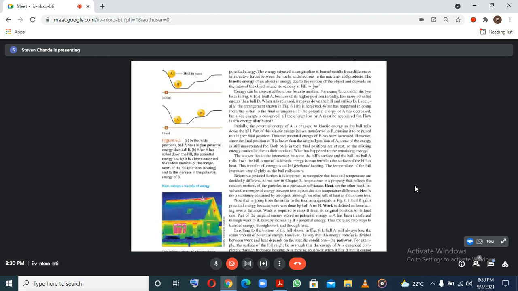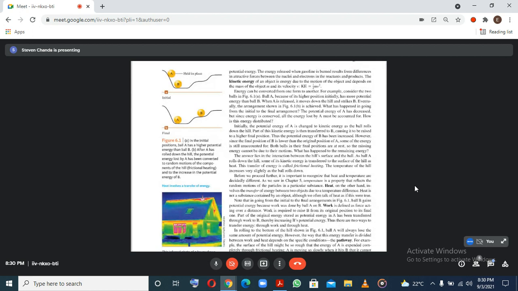You see that ball A actually has higher potential energy than ball B. When it falls from where it was held in place, it hits ball B, and ball B then gets some energy to move and rise up to where it was.